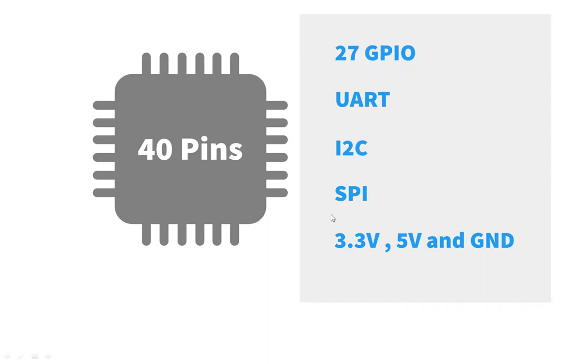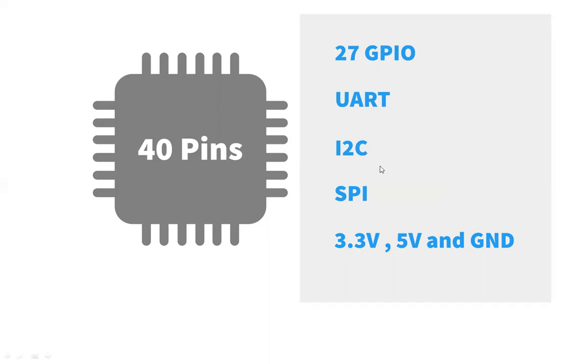And remember, there is no onboard ADC. So if you want to work with analog sensors, then you have to add an additional ADC converter. There are many ADC converters available in the market. One such ADC converter is the MCP3008, which is purely based on successive approximation.